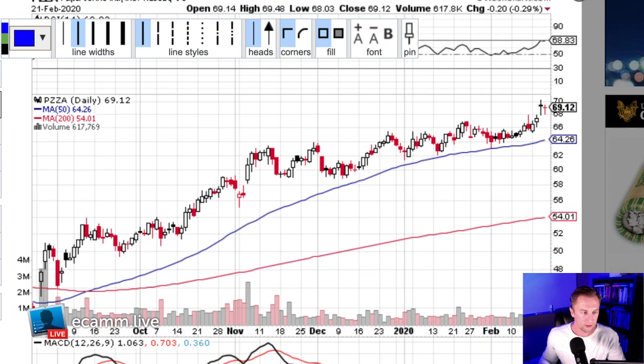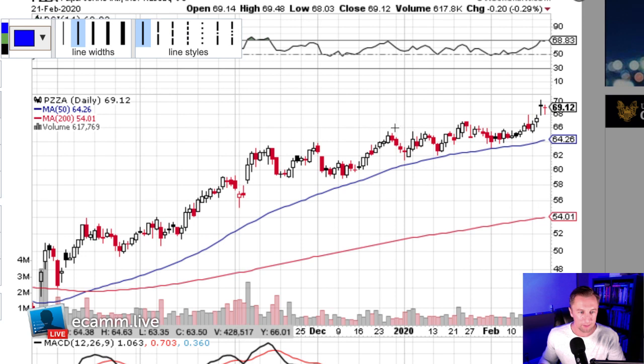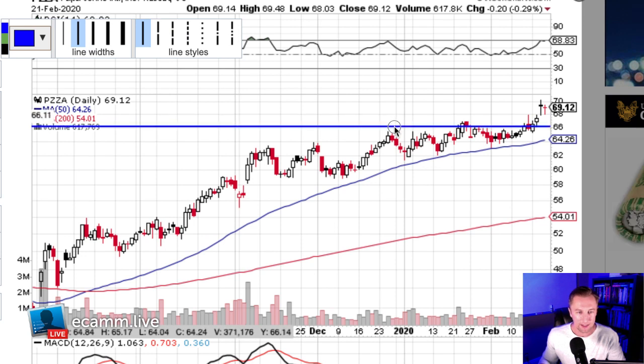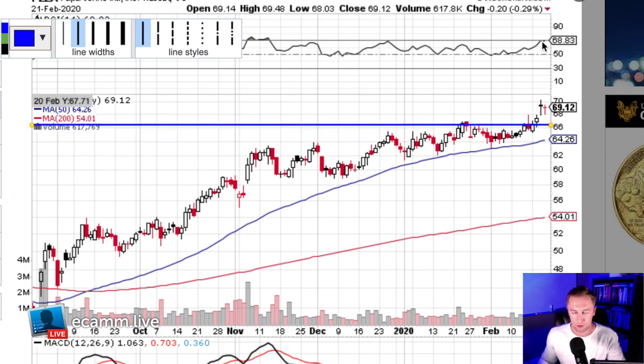Okay. So Papa John's, baby. I would say the RSI is almost oversold. It's not quite there. And the RSI indicator can technically be oversold for a long time, as you've seen with Tesla stock.